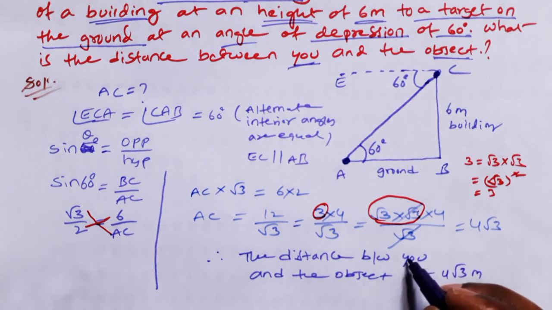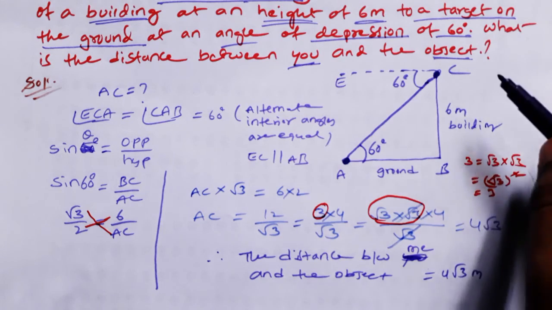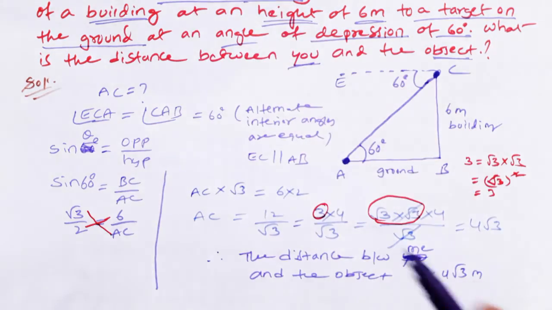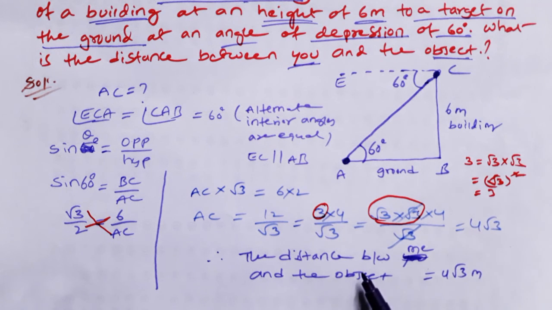The distance between me and the object equals 4 root 3 meters. So he said that suppose you are standing down. You are standing means I am standing here, like that. So the distance between me and the object is 4 root 3 meters. That's it. Okay. Thank you.